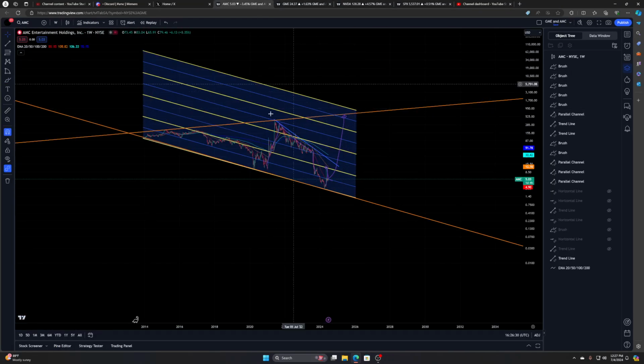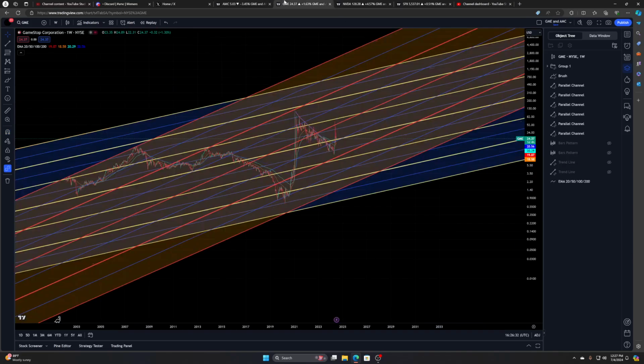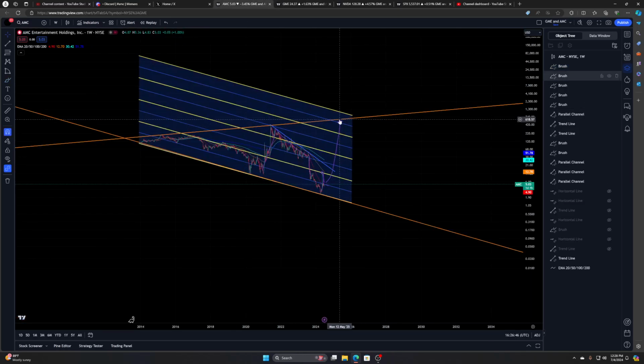But this is an extreme bull case on AMC and GME. It's definitely possible that we shoot up to these $800 levels on GME, and AMC could hit the 500-something dollar level. I think it's going to be a bumpy road.